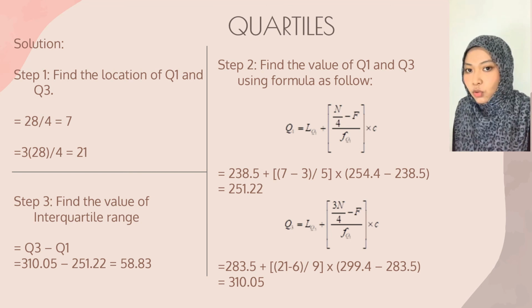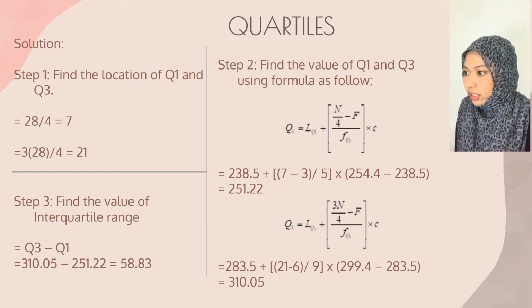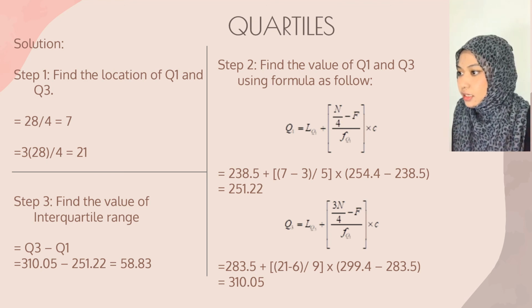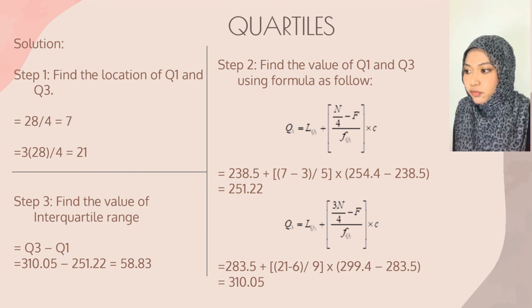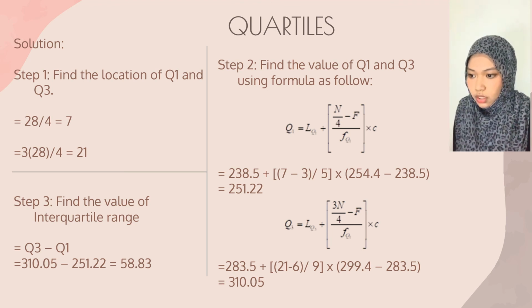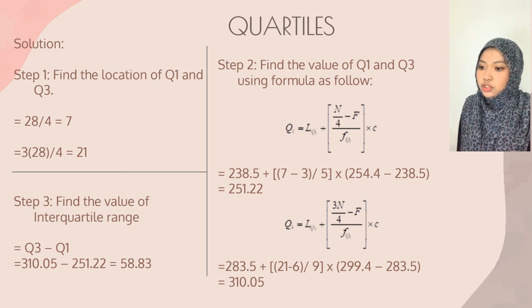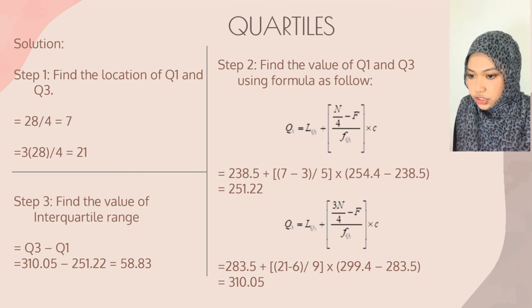That means quartile 1 is located at the 7th position. For quartile 3 you need to take 3n divided by 4, where you replace n with 28, and you will get the answer 21. So for Q3, the location is at the 21st position.